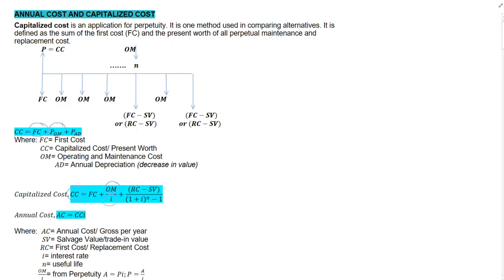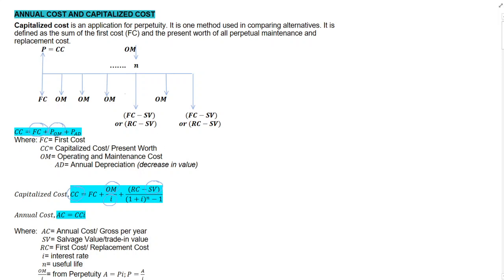Your RC there is the same as your first cost, minus the salvage value. Your RC there is the same as the replacement cost. The salvage value is just the book value after all depreciation has been fully expensed. So that is your salvage value.